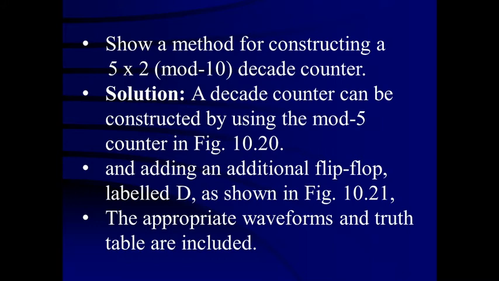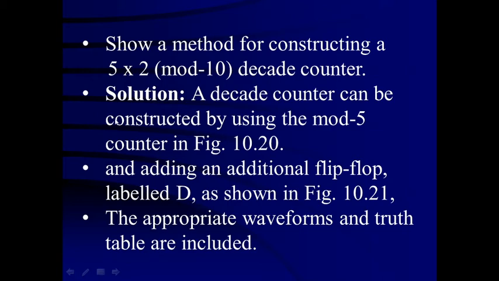We can utilize a mode 5 counter first, using the 3 flip-flops A, B and C. You can convert a natural modulus 8 counter into a modulus 5 counter, and the output of the modulus 5 counter can be connected as a clock input to a modulus 2 counter, which is nothing but a single flip-flop, and that way a 5 by 2 decade counter can be prepared.